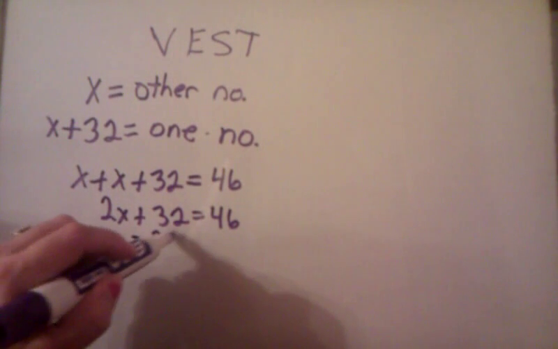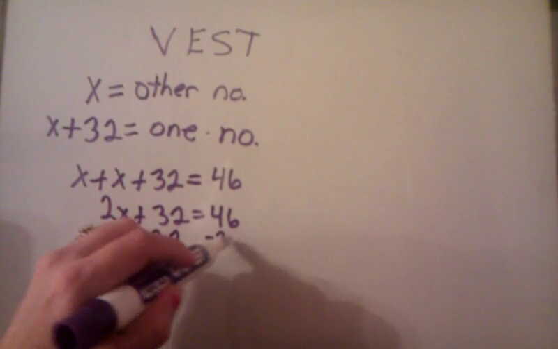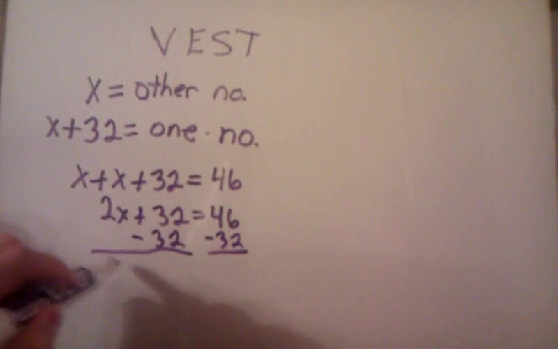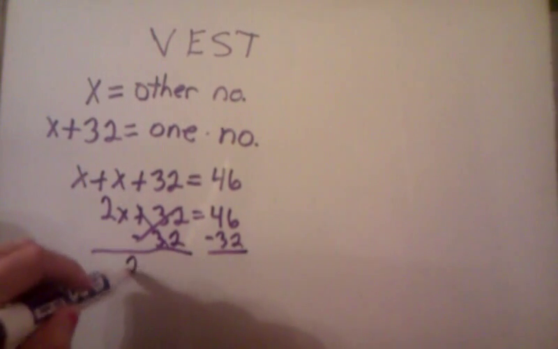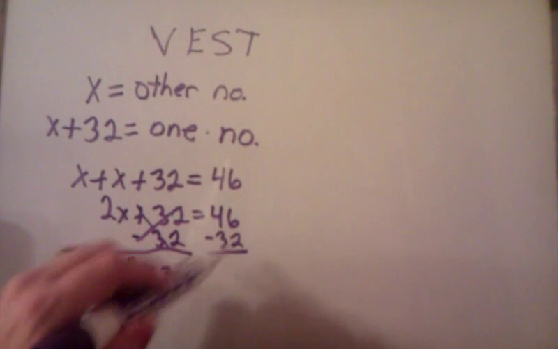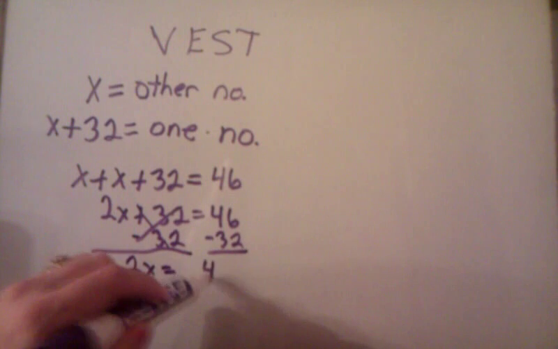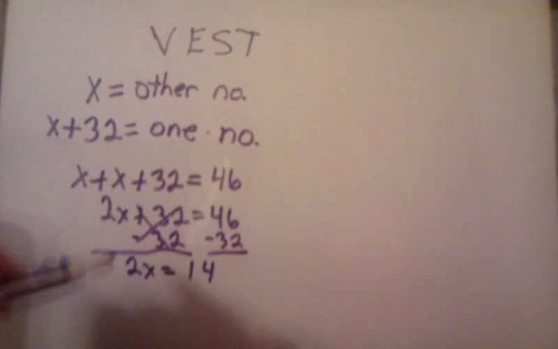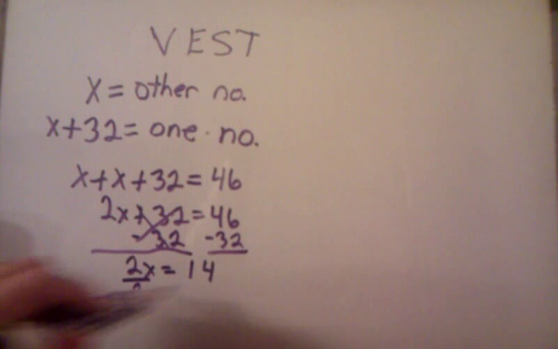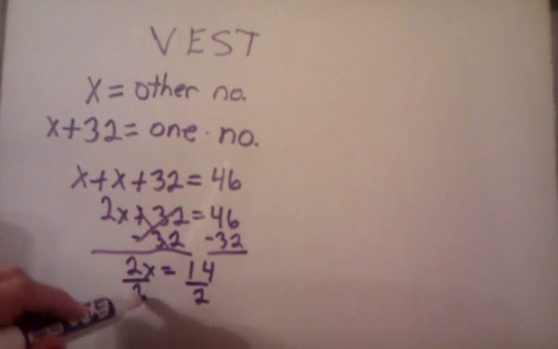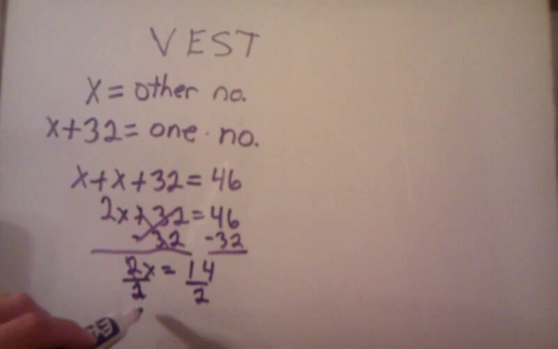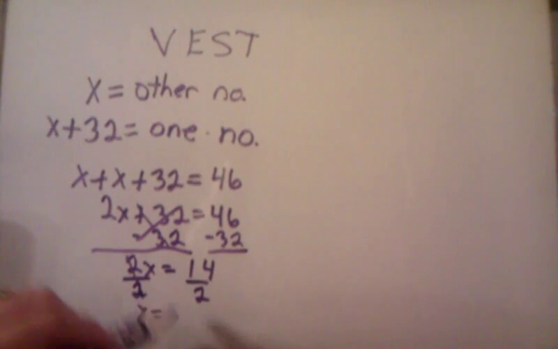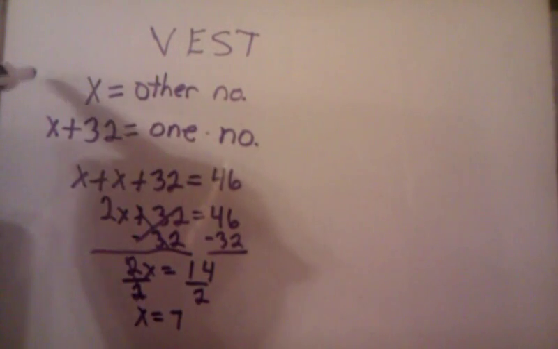So let's get rid of that 32. These cancel out. 2x equals 46 minus 32 is 14. Then multiply or divide. Let's divide by 2. So x equals 14 divided by 2 is 7.